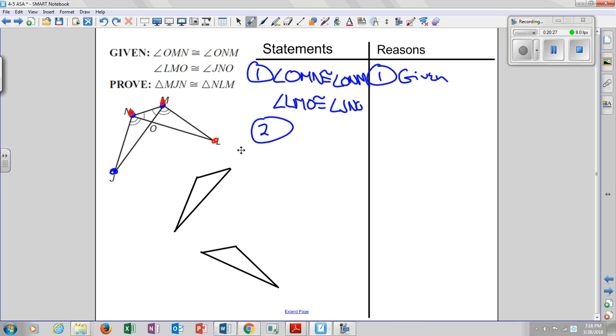So the one thing that I notice is that if I look at my dots, JNM and LMN both share the same two dots, right? Between N and M. And so now I know that NM is congruent to NM.